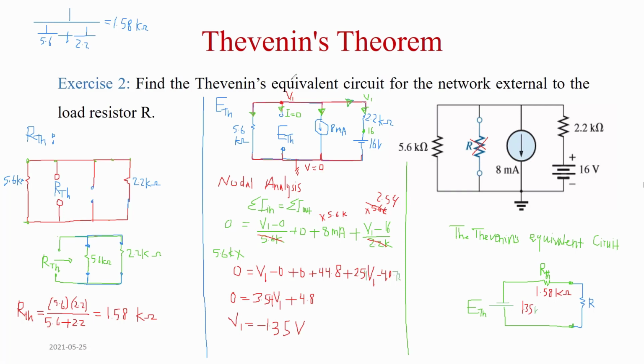So that means this number and this number will be changed. So this is going to be 4.08. This is 1.15. So this is 1.15 volt.